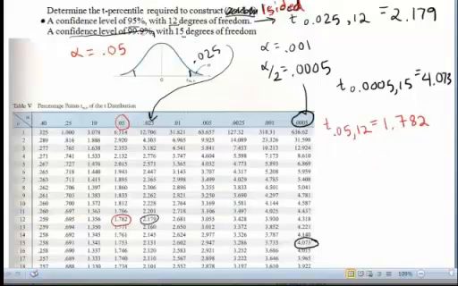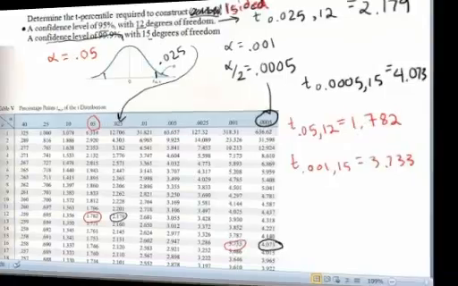And likewise, if we wanted to go to 99.9 with 15 degrees of freedom, we don't have to cut it in half anymore. So that would be t of 0.001 and 15 degrees of freedom, which is 3.733. So that all makes good sense.